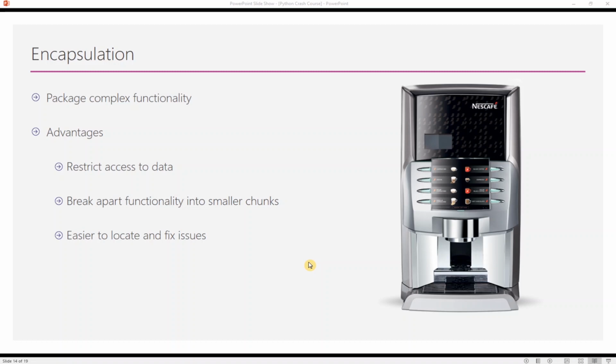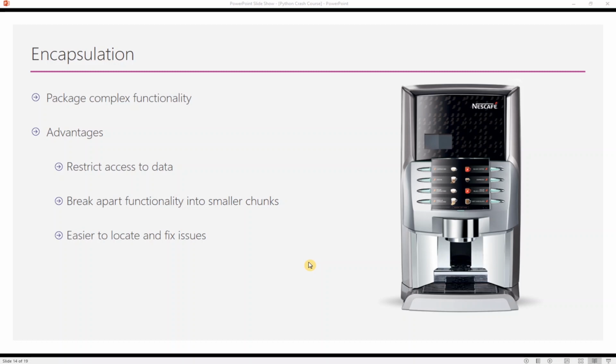To get a cup of coffee out of the machine, all we have to do is choose our favorite beverage and press the button next to it, and by doing so, the coffee is made available for us. So all the inner workings of the coffee machine are abstracted away from us, and instead we are provided with a simple and easy to use interface to interact with the machine.